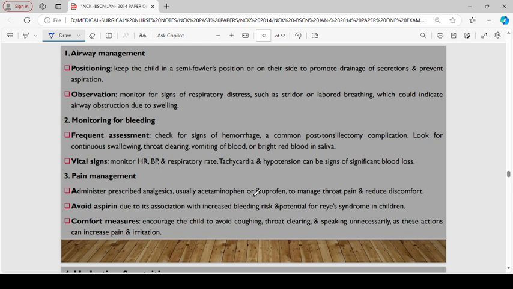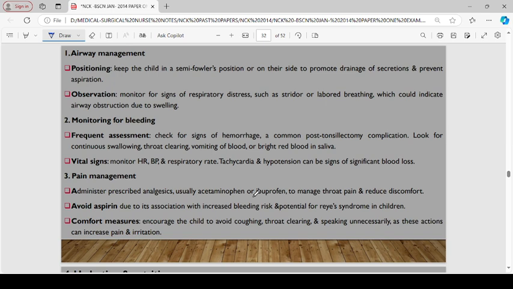You also check for signs of hemorrhage, which is a common post-tonsillectomy complication. So you look for continuous swallowing, throat clearing, vomiting of blood, or bright red blood in saliva. You also need to monitor heart rate, blood pressure, and respiratory rate; tachycardia and hypotension can be signs of significant blood loss.